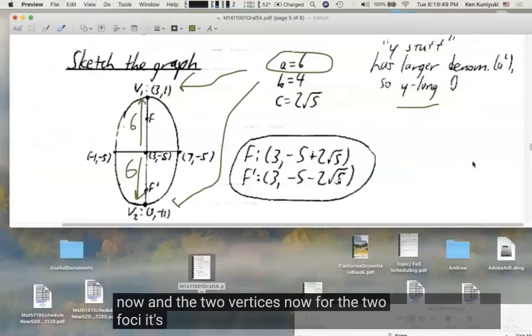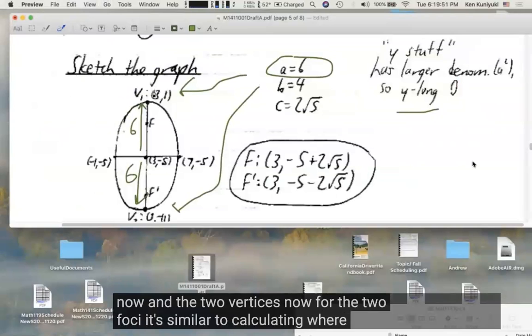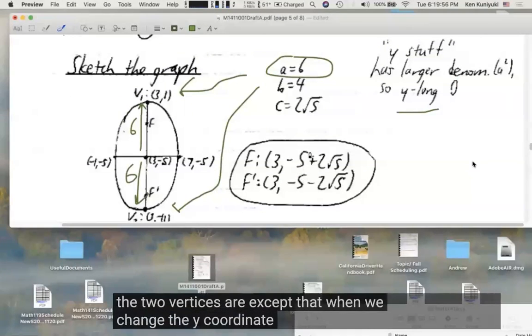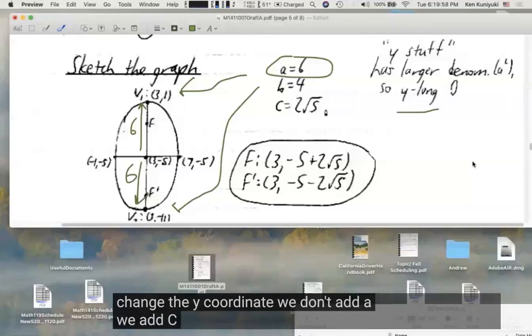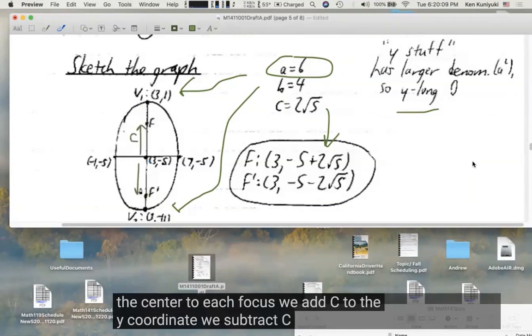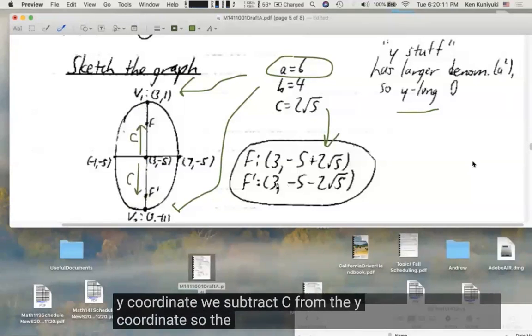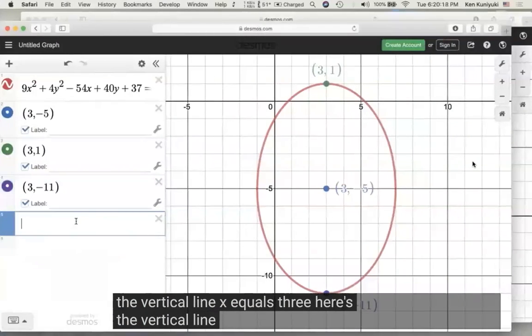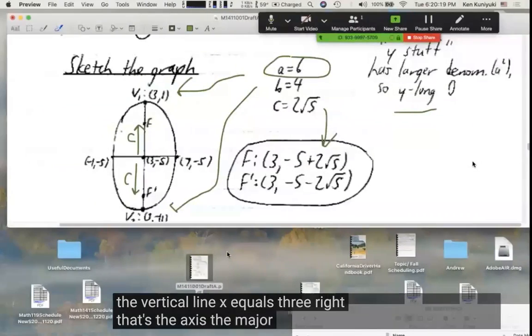Now for the 2 foci, it's similar to calculating where the 2 vertices are, except that when we change the y coordinate, we don't add A, we add C, right? That's the distance from the center to each focus. We add C to the y coordinate, we subtract C from the y coordinate. All this is happening on the vertical line x equals 3. That's the major axis.